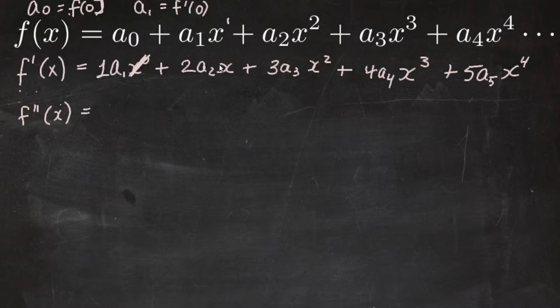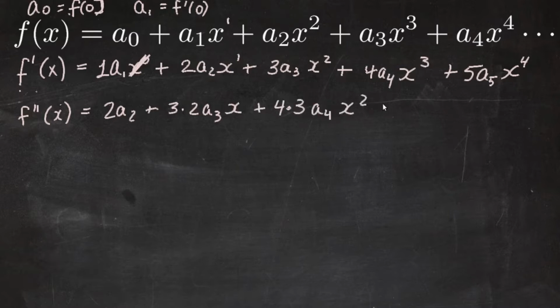Now the derivative here, this is x to the 1, so I have 2a2 plus, bring the exponent down, 3 times 2 times a3 times x, and here I bring the exponent down, so I have 4 times 3 times a4 x squared plus 5 times 4 a5 x to the, we lower the exponent by 1, 3, so I have constant, linear, quadratic, cubic, and of course there's plus dot dot dot on both of these.